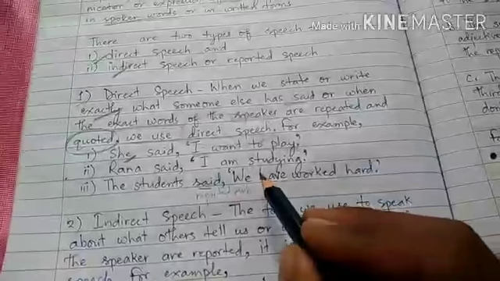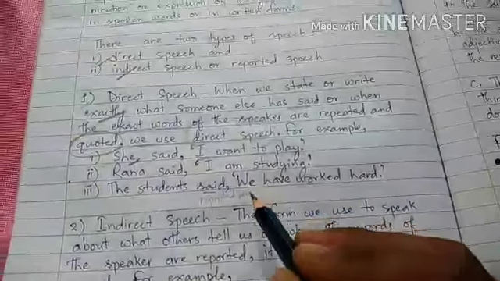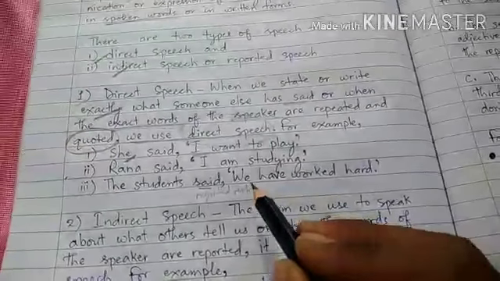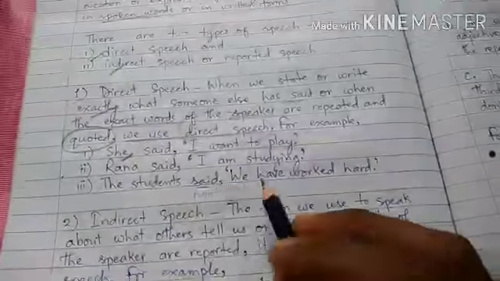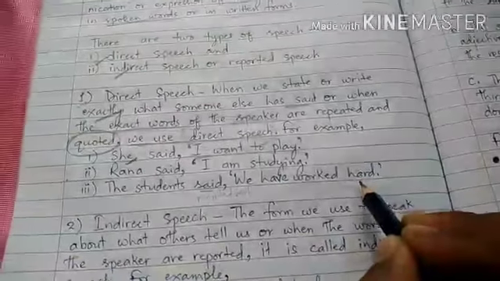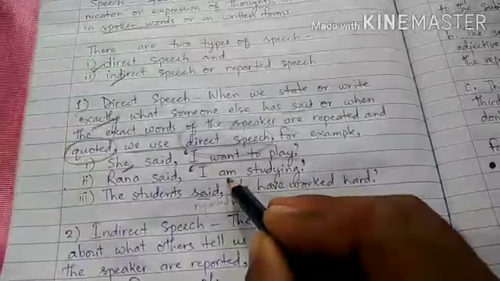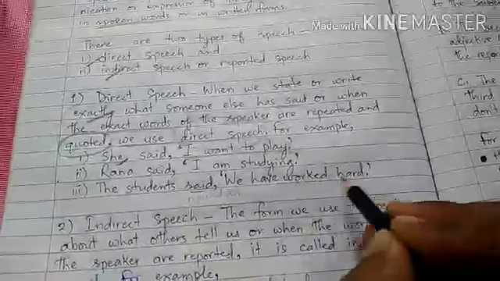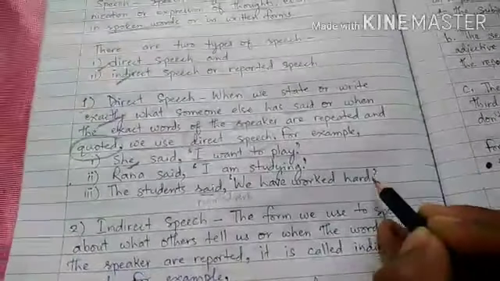After the reported verb, we have to place the speech. If it is quoted, it is direct speech. If we break the quotation marks, then it is in indirect speech. Okay. So here the student said, open inverted comma, we have worked hard, full stop, close inverted comma.